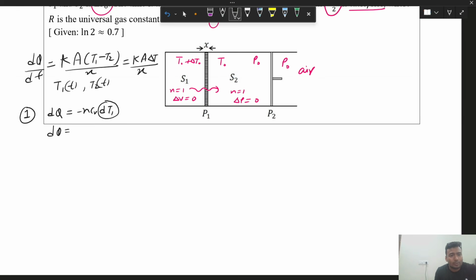So dq equals number of moles 1 times minus 3 by 2 R dT1. Equation number 1. For section 2, it is isobaric and it is absorbing heat, so delta q is positive, nCp dT2, right? So it is 5 by 2 R dT2. This is equation number 2.